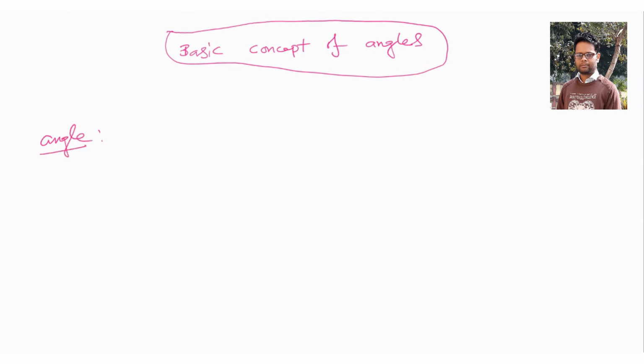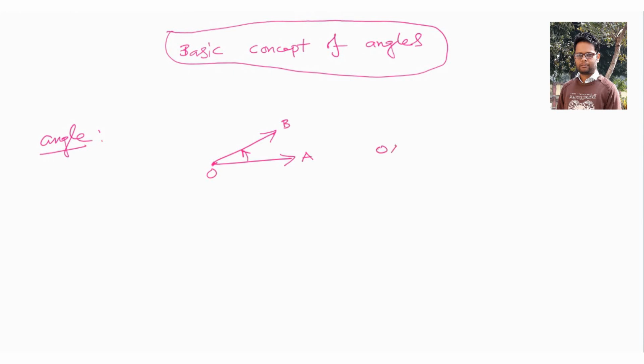Two different rays starting from the same fixed point form an angle. That means one fixed point, this is a ray, this one is a ray, makes an angle. This one is OA, OB.